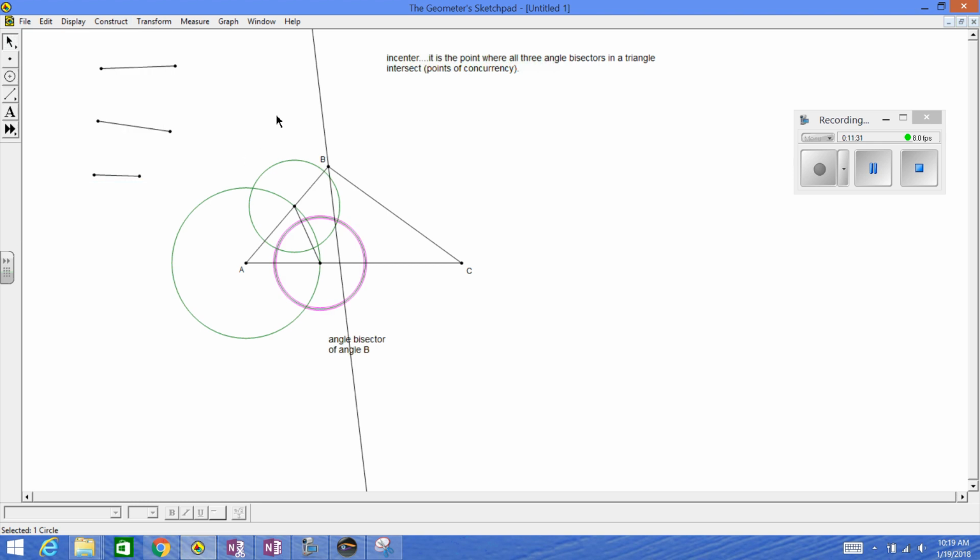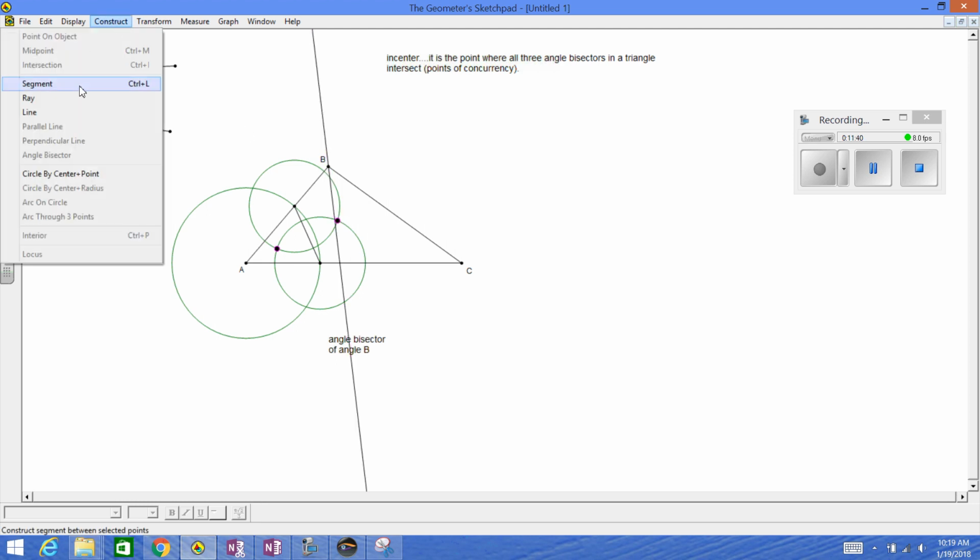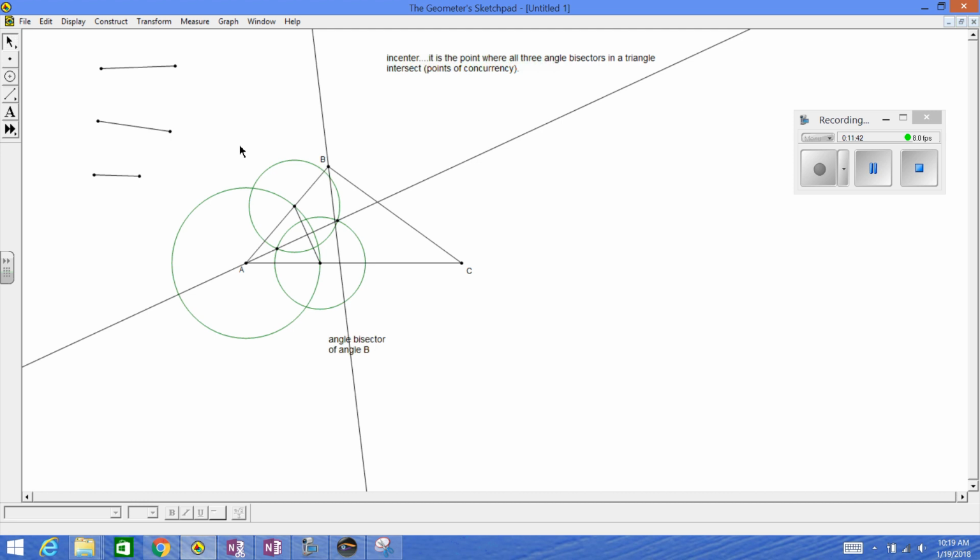Now this is going to get really crazy, but if I connect those circles' intersections with a straight edge, you've got another angle bisector. Again, don't erase these construction marks, but it's too messy for me right now, so I'm going to hide them.